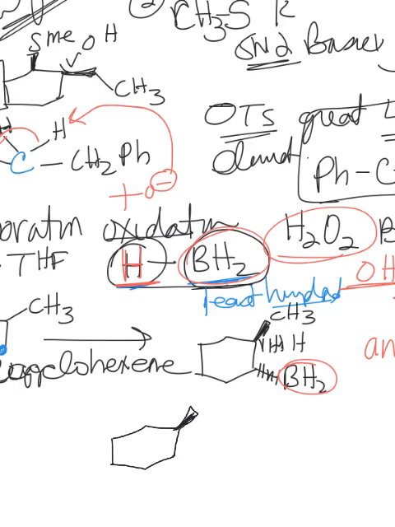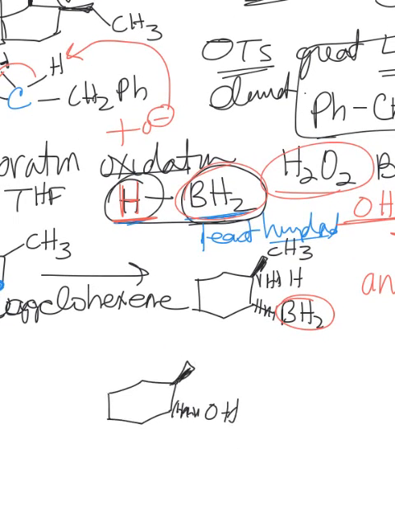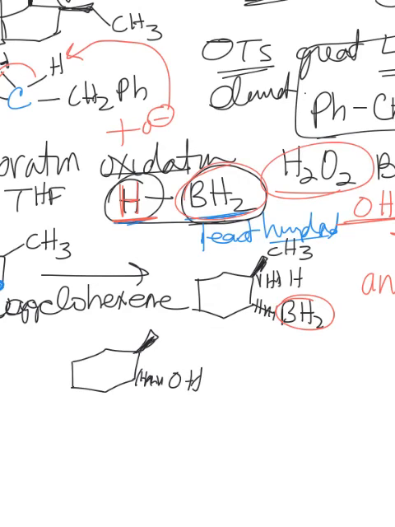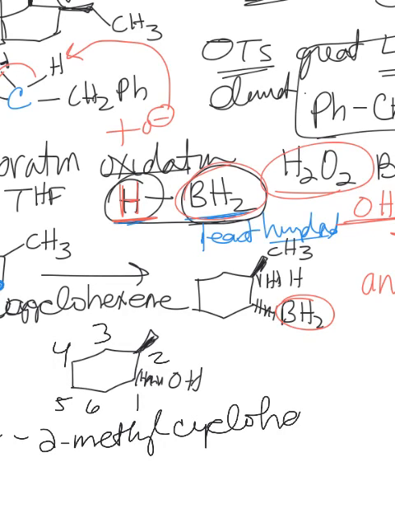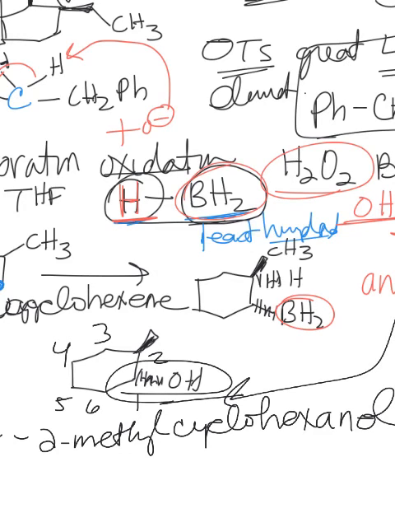So you end up getting a trans. We can go ahead and even name that. This would be trans 2-methylcyclohexanol. And that would be the anti-Markovnikov product because it's the OH added to the least substituted carbon, which was a secondary carbon instead of a tertiary.